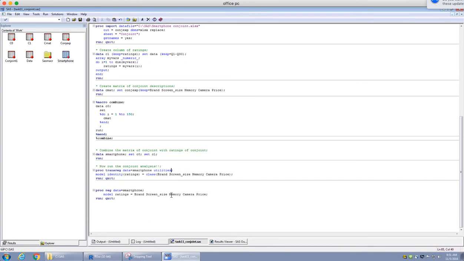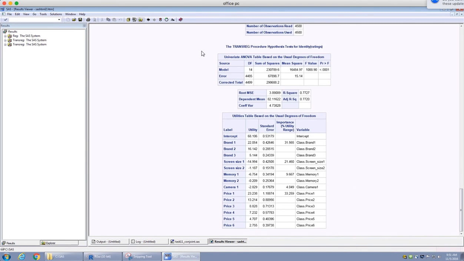Now I'm going to run a proc transreg. I'll probably use it later to show you how different it is for multi-levels for transreg or proc reg. But for now I'm going to use proc transreg and see the results. If I click this, now you see that I probably have the answer here.